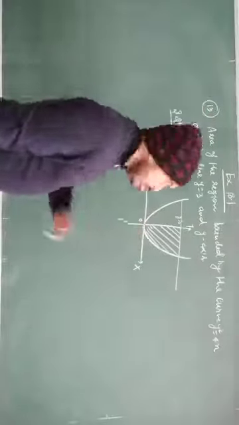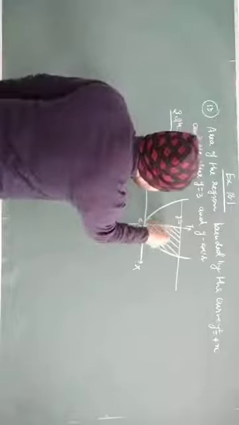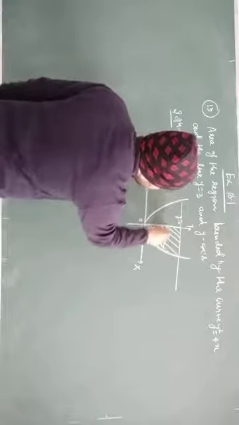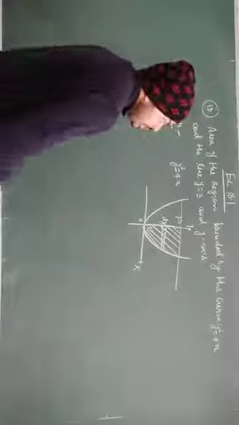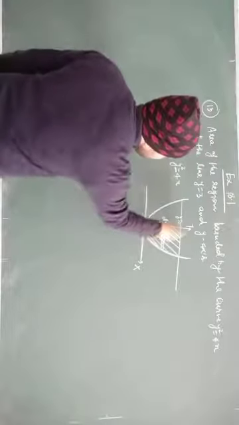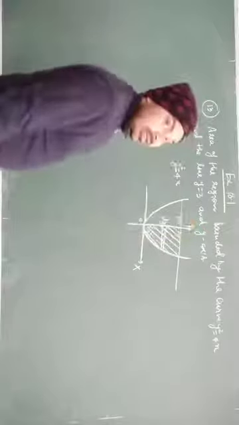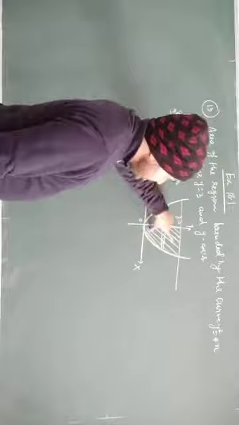If we want to find the area of this bounded region, remember the previous process: take a strip whose width is dy, and first of all find the limit points. Within the limits we have to find the area of this bounded region. So y equal to 0 to y equal to 3 are our limit points, and this is the strip area.